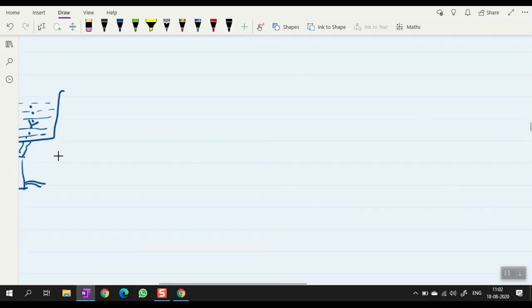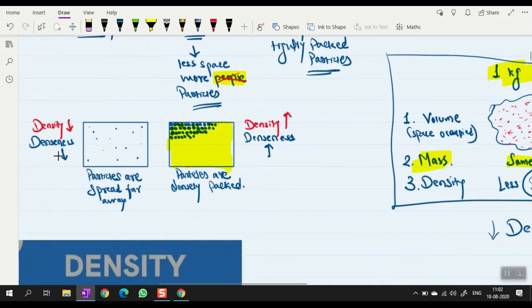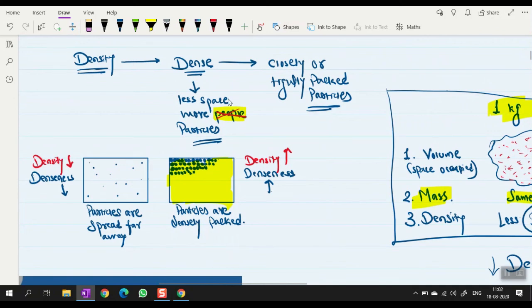If we understand the three states of matter, I will draw one more box over here and draw the particles which are close enough but not tightly packed. Okay, so let us consider this is solid, this is a gas, and this is liquid.